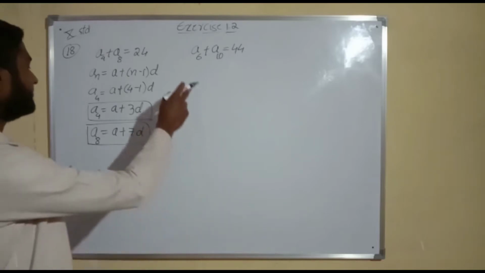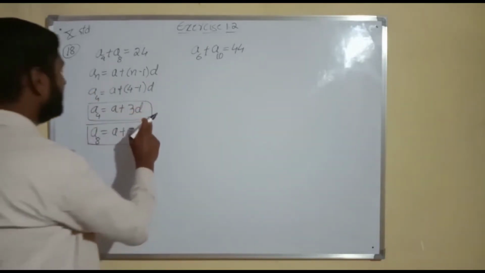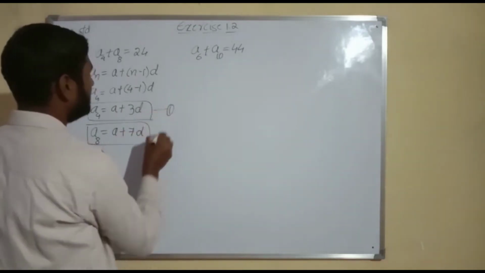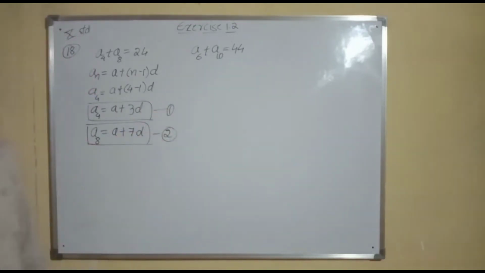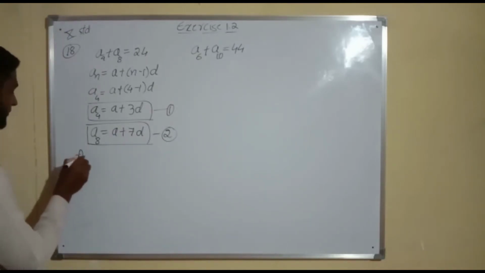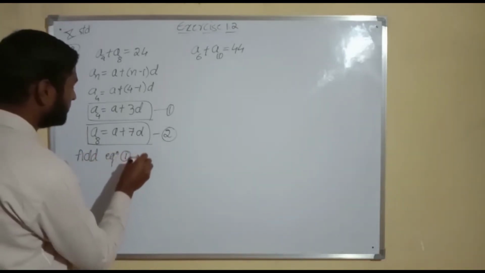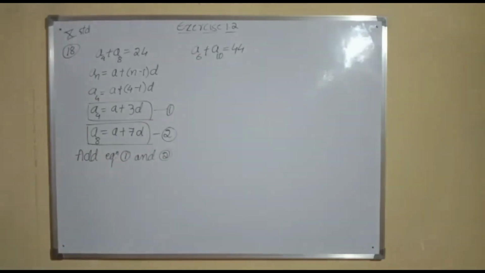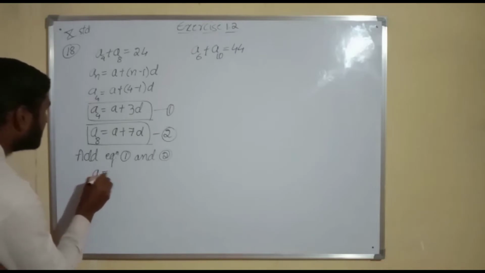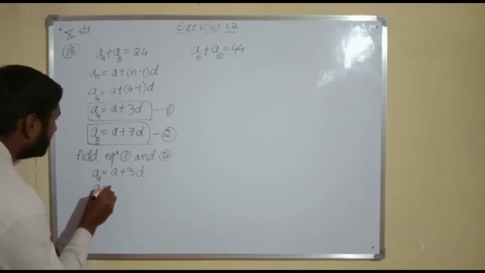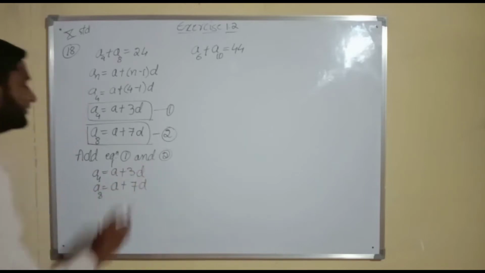Let me add both of these equations. Let this be equation number 1 and the other equation number 2. Let me add equation 1 and 2. What are the equations? A4 is equal to a plus 3d and A8 is equal to a plus 7d.